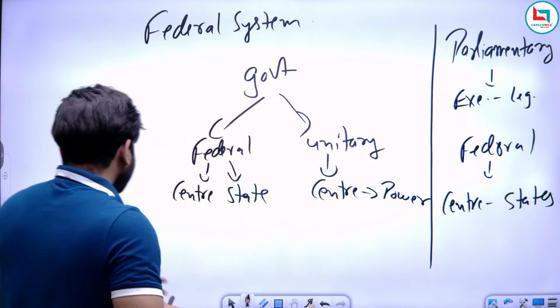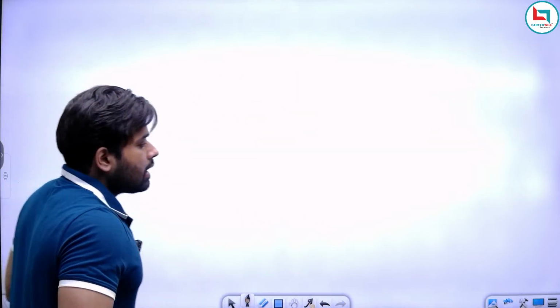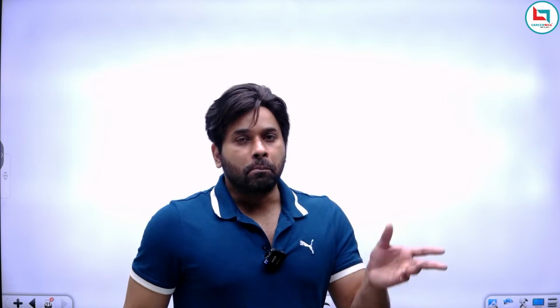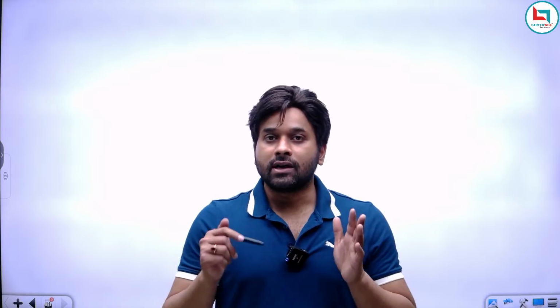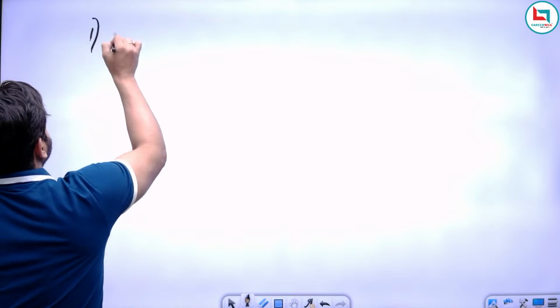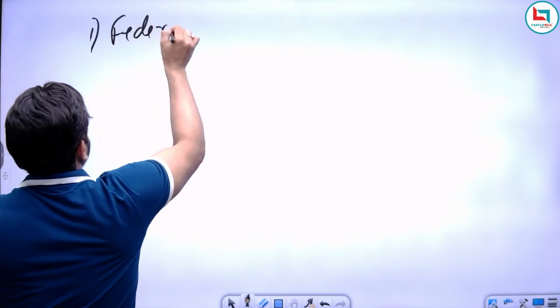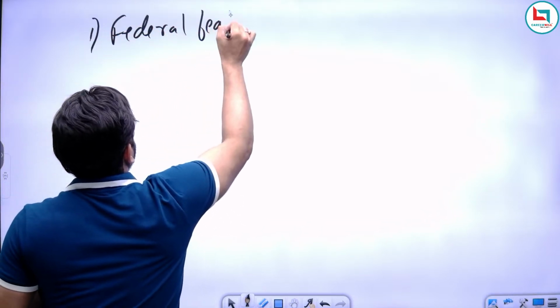According to our constitution, both federal features are present as well as unitary features. Now first we will discuss what all federal features are there in our constitution, and after this we will discuss what all unitary features are present. So let us see first the federal features of the constitution.